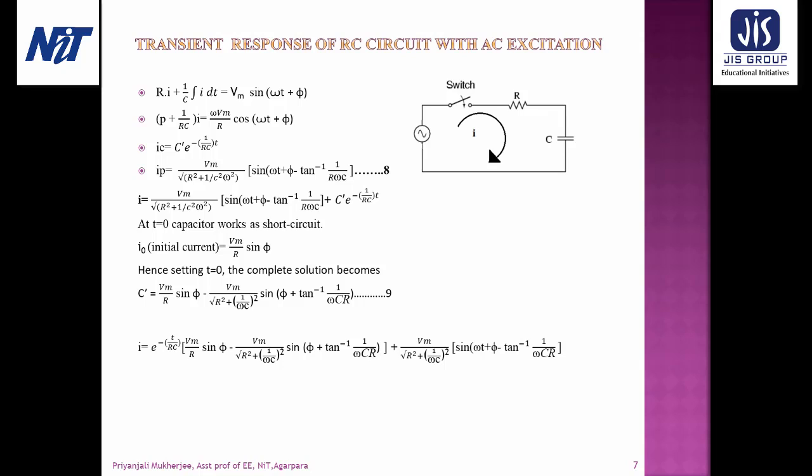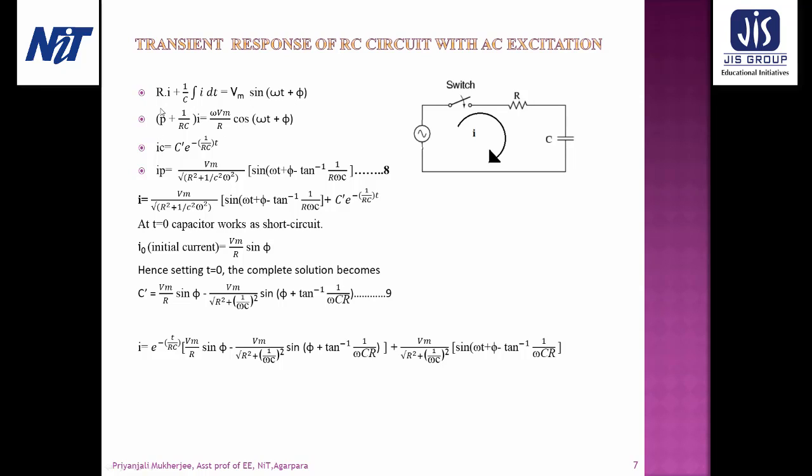Next, if we consider the transient response of RC circuit with the AC supply voltage. Here the series RC circuit is connected across this supply voltage, and here also this supply voltage is Vmax sine omega t, and here the switch is closed at t is equal to 0, and when t is equal to 0, switch is closed, the supply voltage is connecting across this R and C. And at this condition, if we apply the KVL, then we can write the equation like this: Ri plus 1 by C integral of I dt equal to Vm sine omega t plus phi.